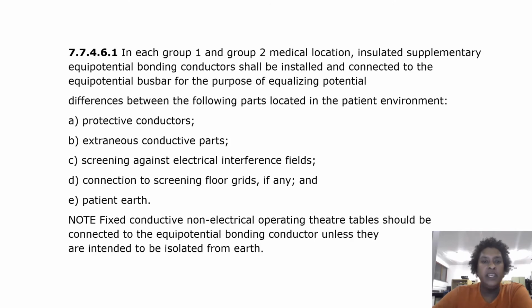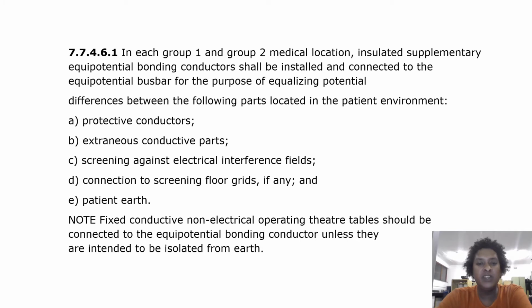Supplementary equipotential bonding. In each Group 1 and Group 2 medical location, insulated supplementary equipotential bonding conductors shall be installed and connected to the equipotential bus bar for the purpose of equalizing potential differences between the following parts located in the patient environment: protective conductors, extraneous conductive parts, screening against electrical interference fields, connection to screening floor grids, if any, and patient earth.